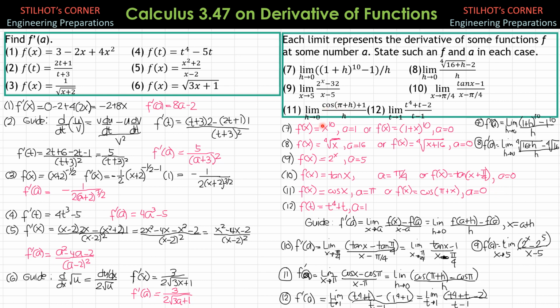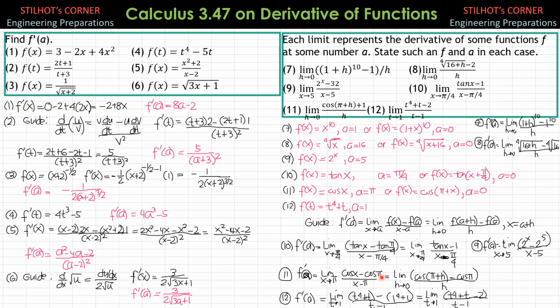Number 11, limit of cosine quantity pi plus h plus 1 all over h. So we use this expression here. We predict that the function is cosine of x, and a is pi. So the limit as x approaches pi, if you use this expression here, is cosine of x minus cosine of pi over x minus pi.